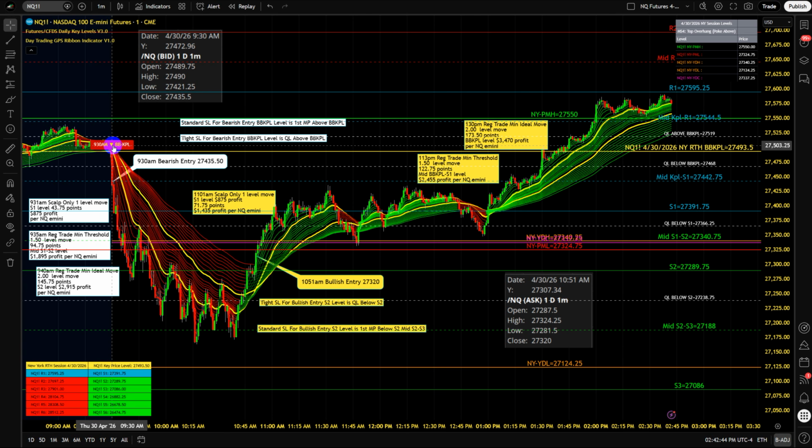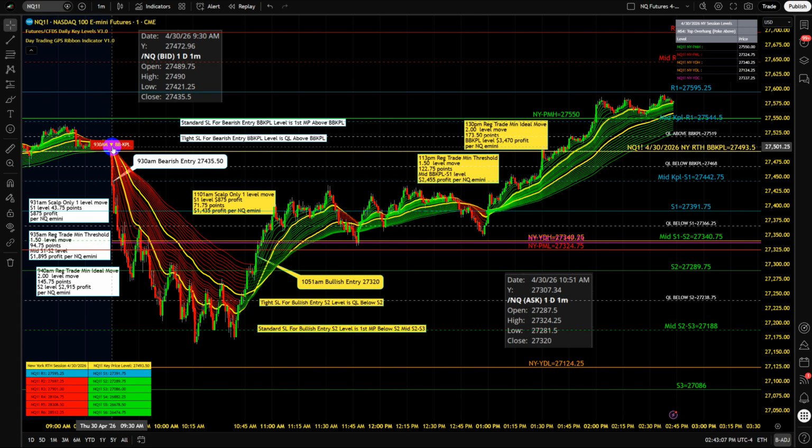If the close below or close above is outside the acceptable range, then the alert does not fire, and there would be no alerts shown here if it was outside of the acceptable range. And then you would simply be looking for a possible trade entry off of another level besides the BBKPL.